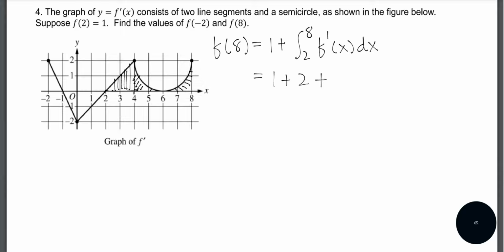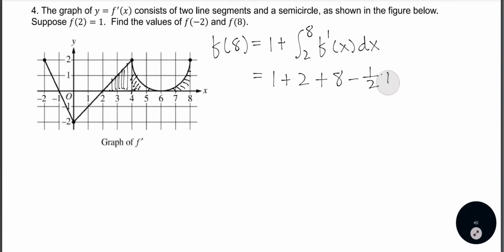This rectangle has a width of 4 and a height of 2, so that would be 8, and then minus half of a circle, pi times radius of 2 squared, that's 4 pi over 2. If you wanted to call that 11 minus 2 pi, that would be accurate, but certainly not mandatory.